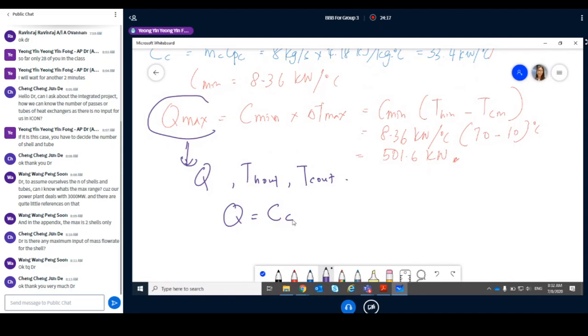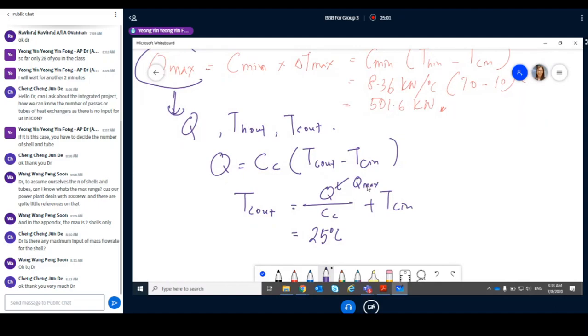So TC out equals Q divided by CC plus TC in. Then this Q is equal to Qmax. So eventually, by substitution, you get this value equals 25 degrees C. You just put all the values in it, then you will get the value.